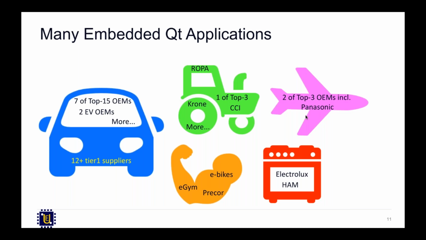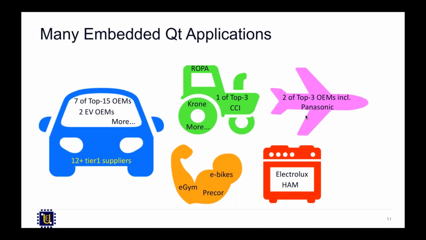The new standard ISOBUS terminal is built with Qt. Krone uses it for its corn harvesters, Ropa for its sugar beet harvesters, and there are many, many more. And actually, the Krone terminal is built with the Cortex A8, for example, running very well.